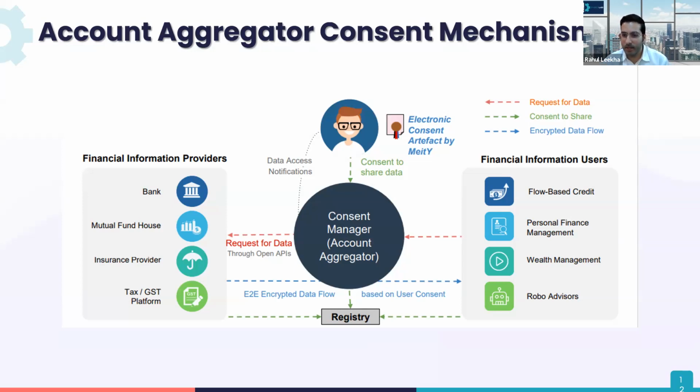Your personal finance management or wealth management, robo advisors, or even lending partners can use this data to create new age solutions.